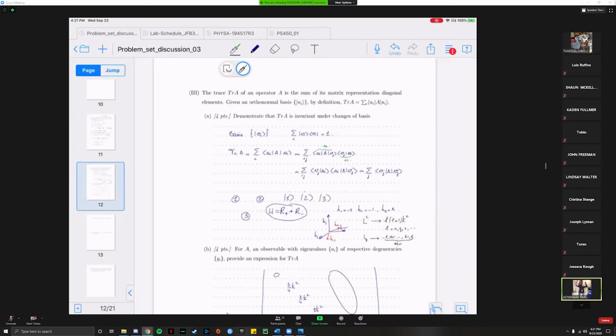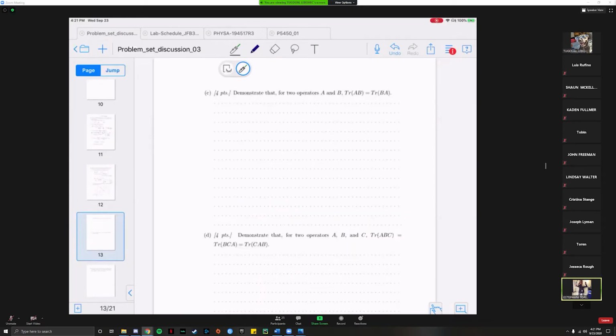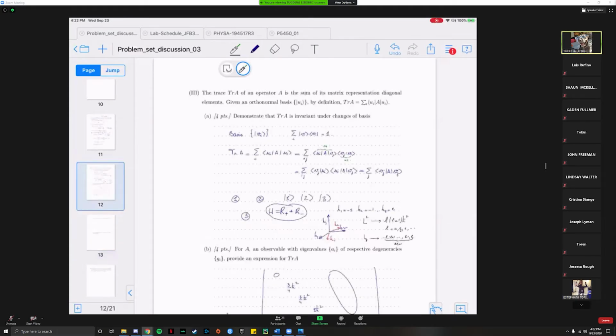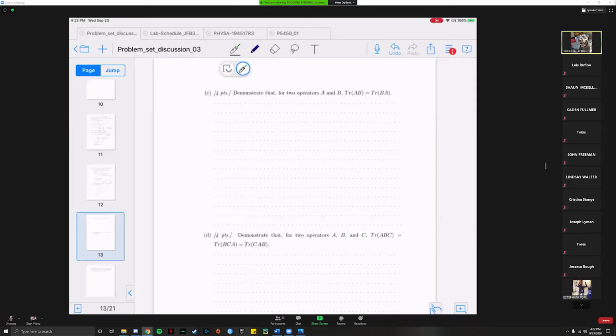Yeah, for part C and below, like parts C and D, are we assuming that those other B and C are also under the orthonormal basis given at the beginning? Given. Okay, so that's exactly what I want to avoid.